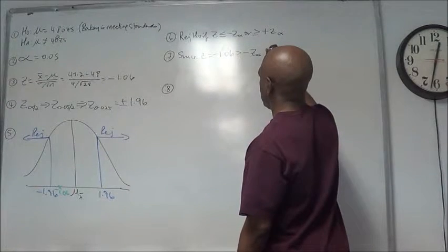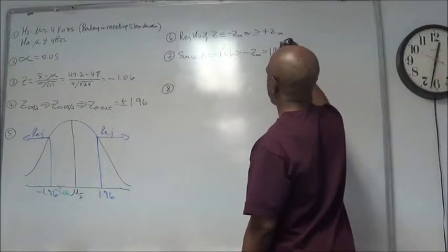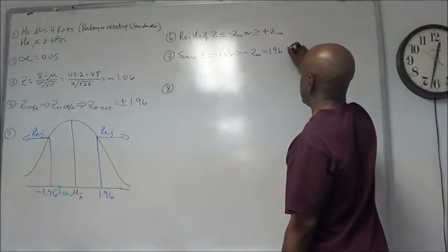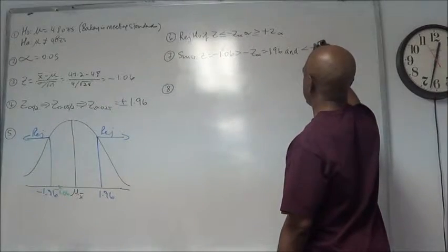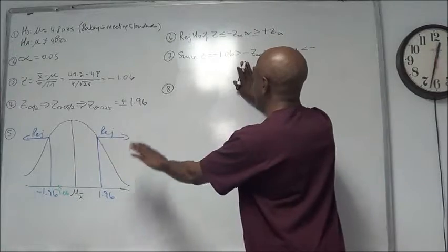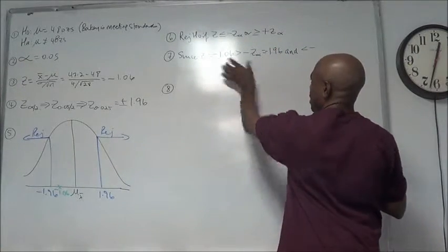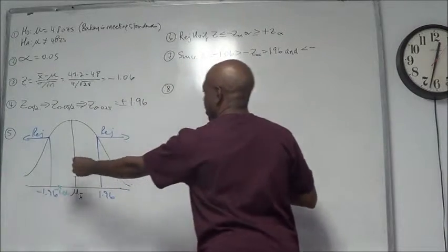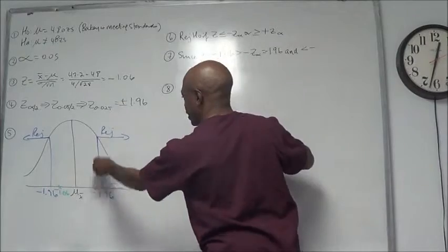Negative 1.96 and less than positive 1.96. No, you just did the negative side. Since the calculated Z is greater than this, and since the calculated Z is less than this.